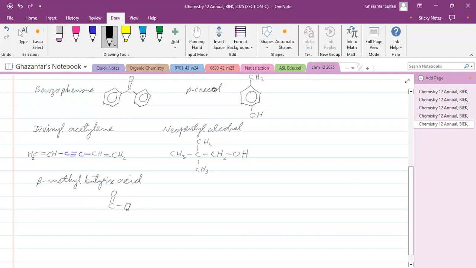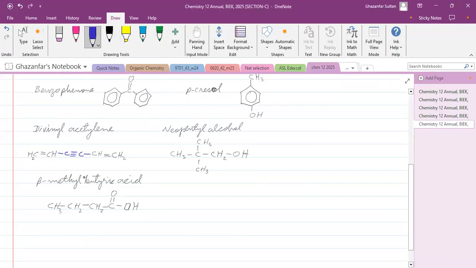So we can draw CH2, CH2 and CH3. So this is a 4 carbon containing compound.